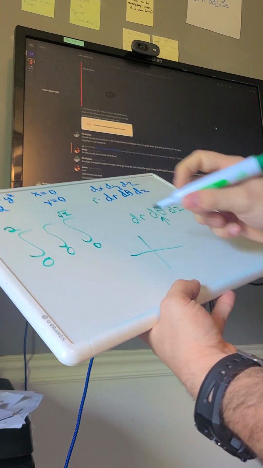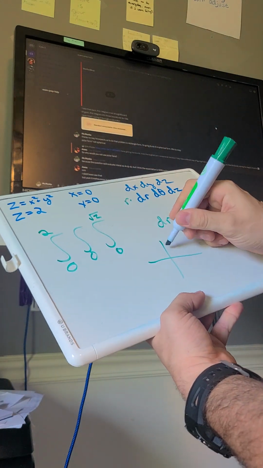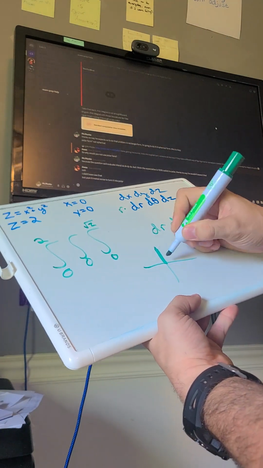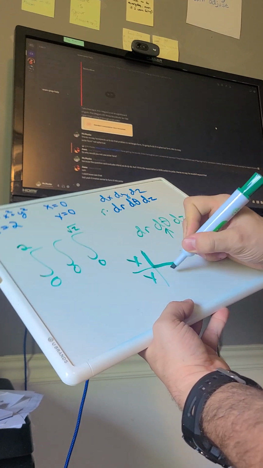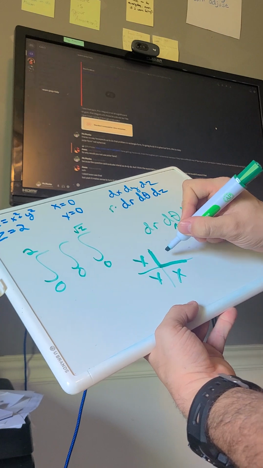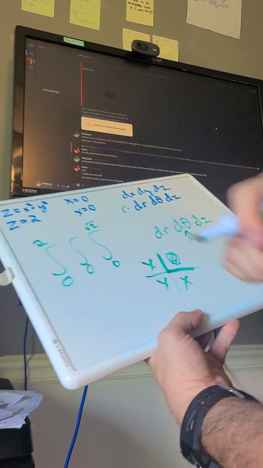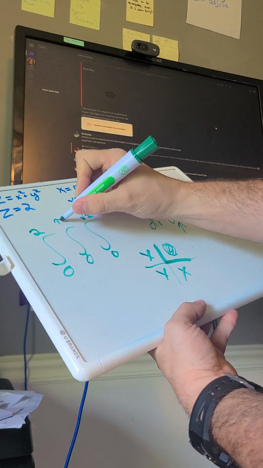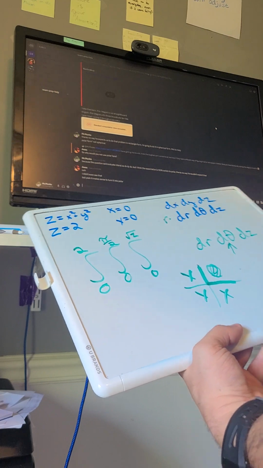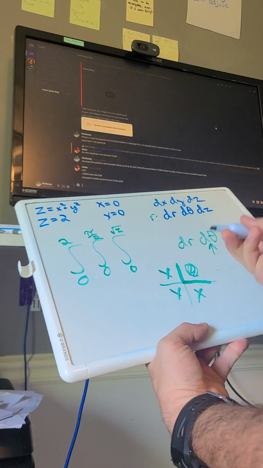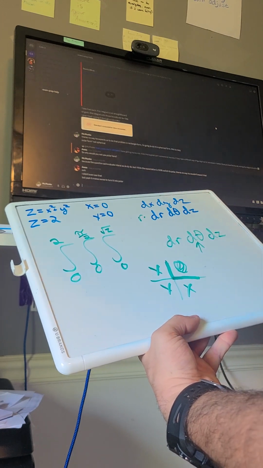The equation has the bounds x equals 0, y equals 0. So nothing goes past x equals 0 and y equals 0, which means everything is happening right here, which means that the upper bound for theta is pi divided by 2. Now, if x, the lower bound, was a negative number, then theta would go from 0 to pi. But because x is 0, it's 0 to pi over 2.